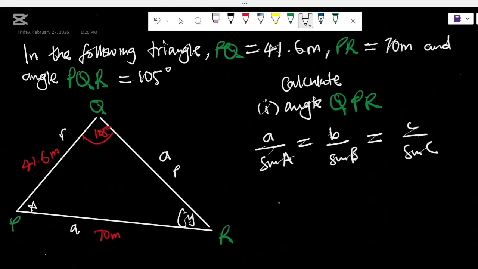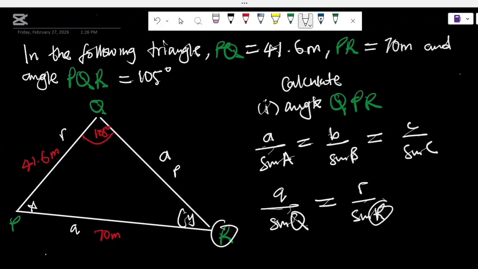So here we're going to have q over sine Q, which is equal to r over sine R. Notice that this R is the angle at R here, which we are interested in. So at this point, we can just go ahead and plug in the values into the formula.